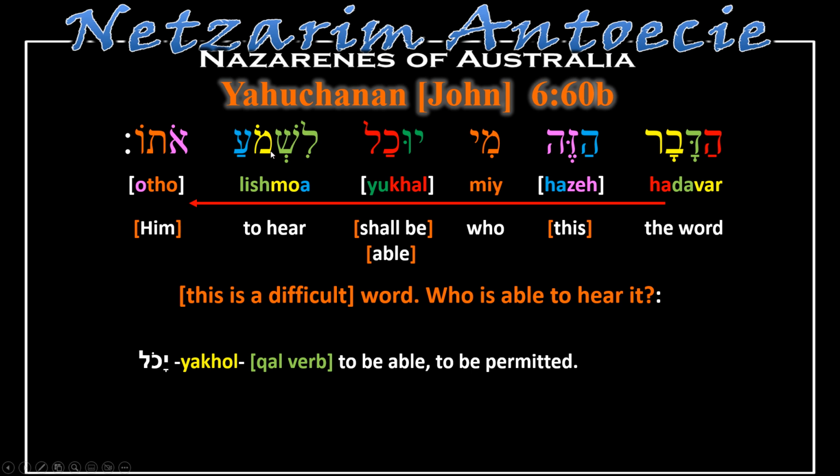And it's lishmo'ah, to hear. Literally, that could be for hearing, because it's almost like a participle form. So shall be able for hearing or to hear. Oto, him. This is a difficult word. Who is able to hear it?